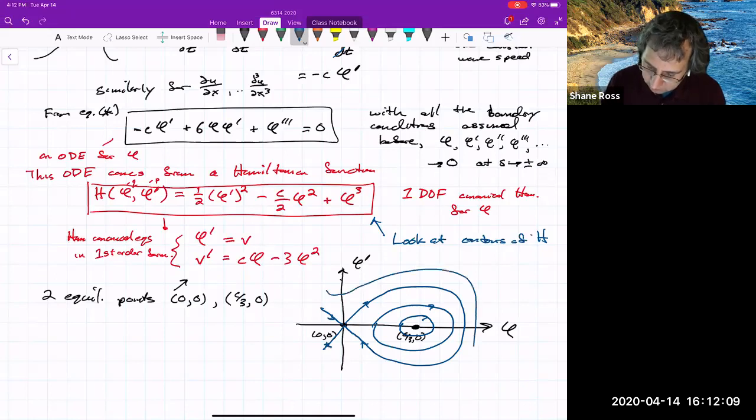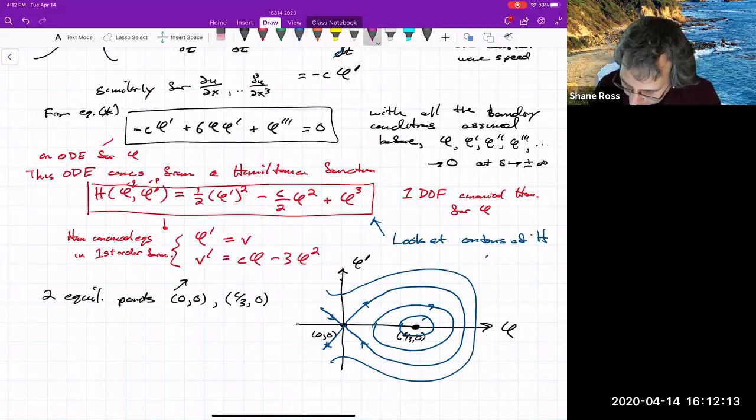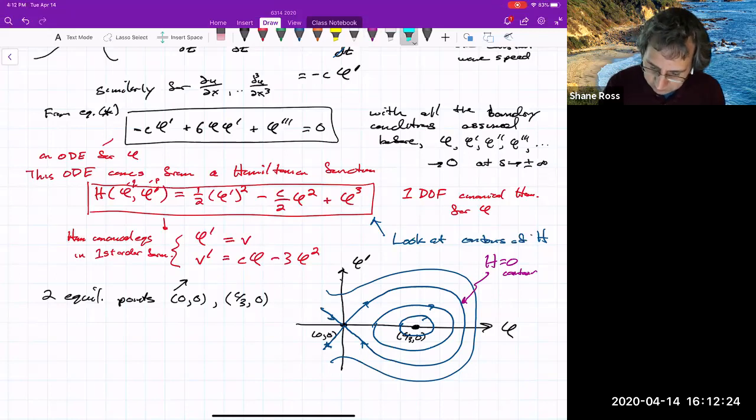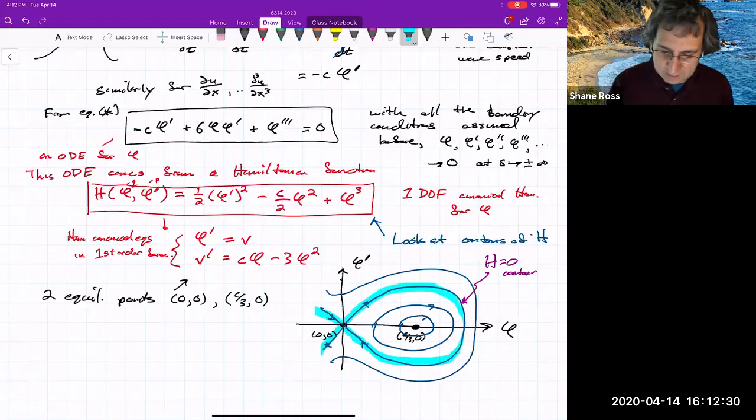And then we've got other solutions. The H equals 0 contour is this one, the one that passes through the origin. And that's really the only one that matters.